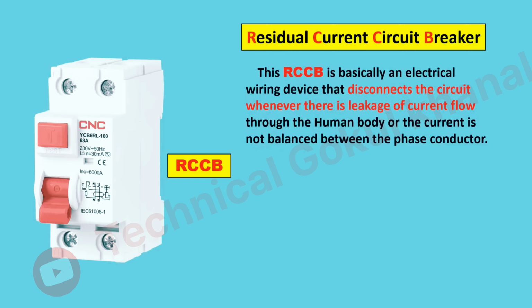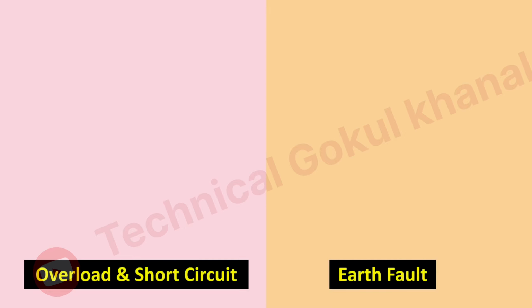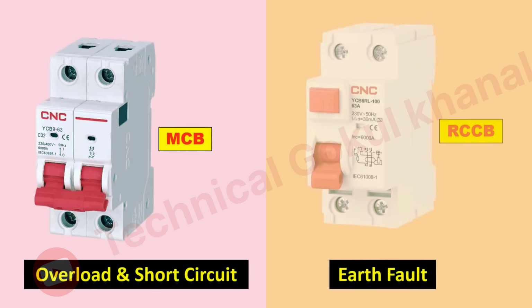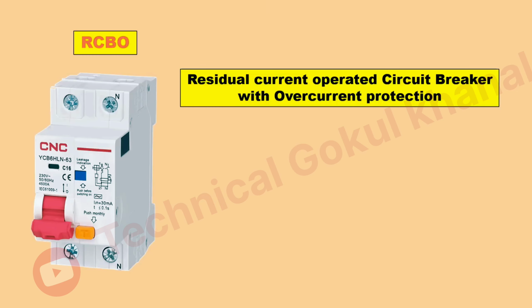Now if we want protection from earth fault, overload and short circuit, then we have to use MCB and RCCB, both these devices. But if you don't want to use two different devices, and instead want all three protections by using only one device, then in this condition you have to buy a RCBO.